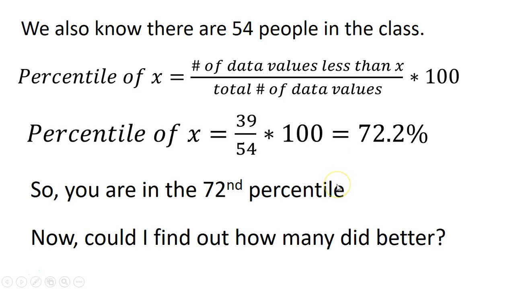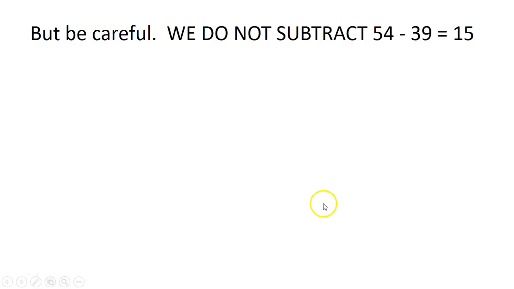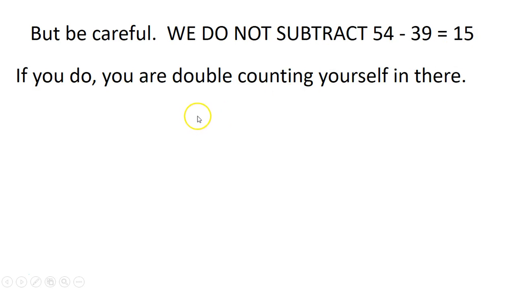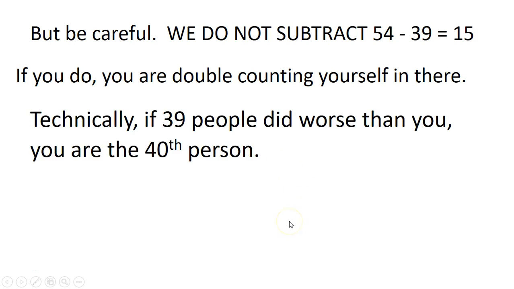How could I find out how many did better than me? Can you do that? Sure. Just be careful, we don't simply subtract them. Because if we subtract, 54 minus 39 is 15. But then you are double counting yourself, because you did better than that. Does it make sense? Technically, if 39 people did worse than you, you are the 40th person who took the test.